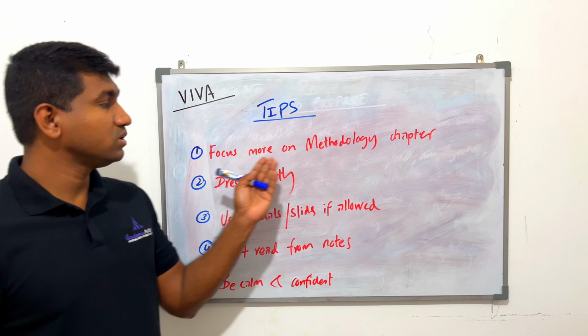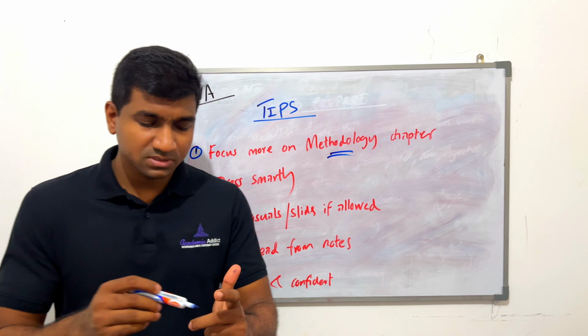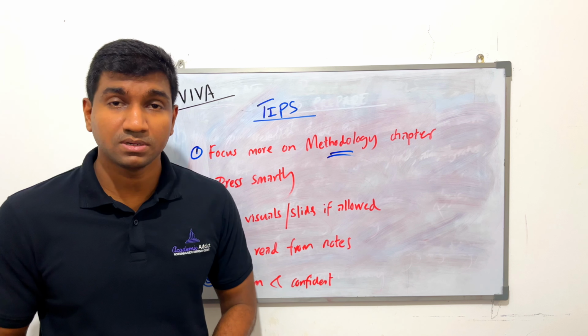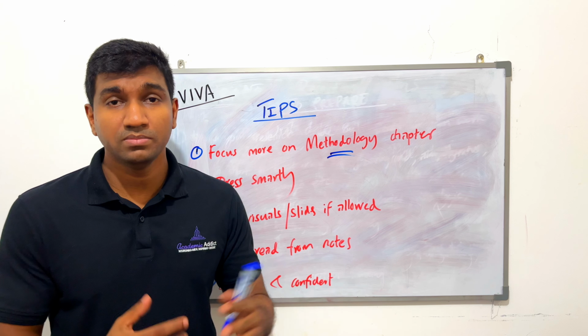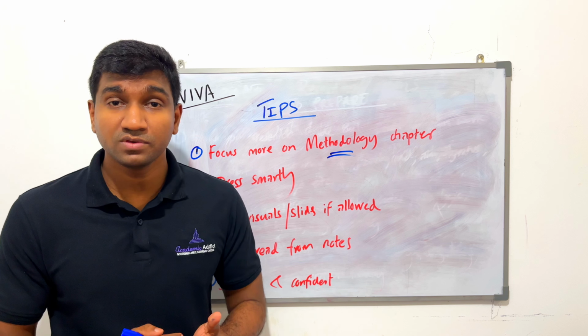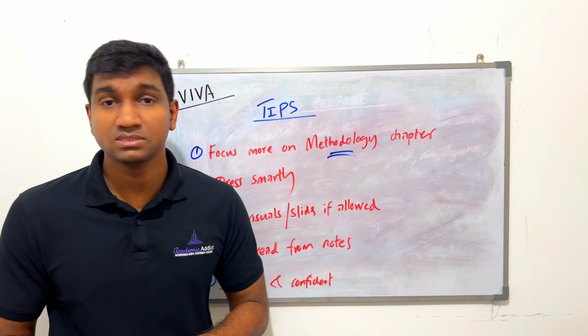The first one, focus more on the methodology chapter. This is very important because 70-80% of the questions that the panel is going to ask come from your methodology chapter. In this chapter, the sections you have made, do you remember the choices that you made? What is your approach? What is your philosophy? Those are the things you need to focus on when you read and understand everything.